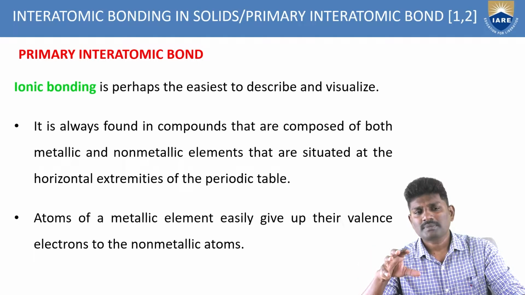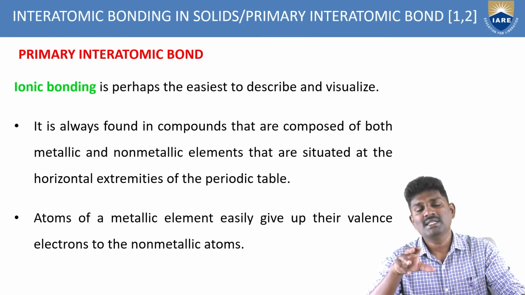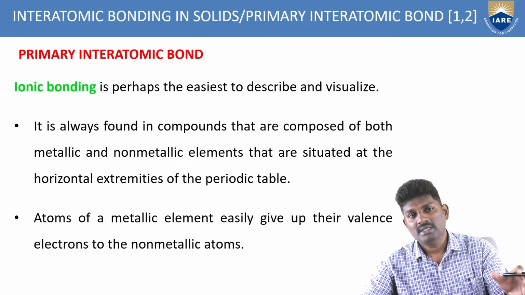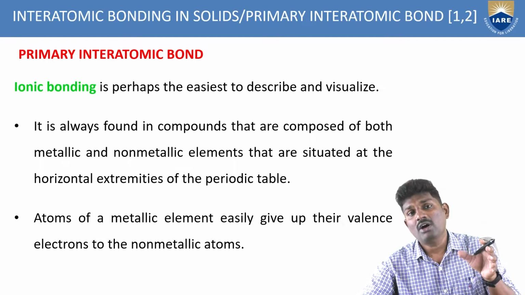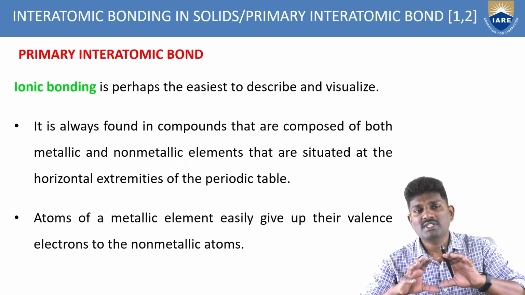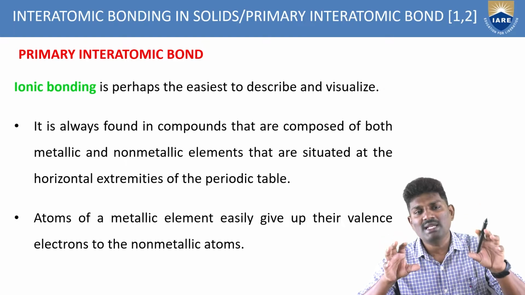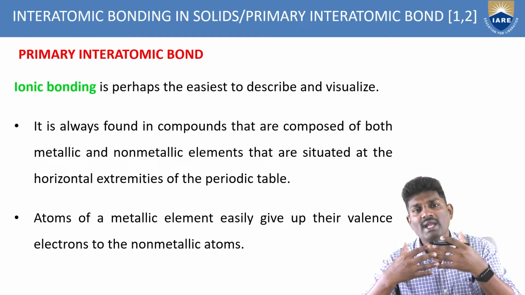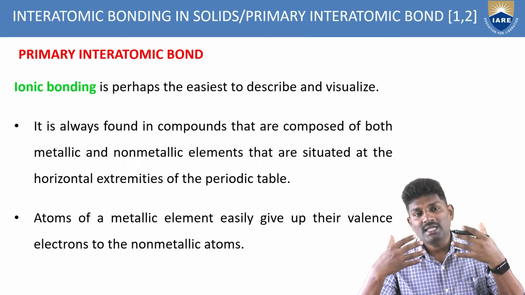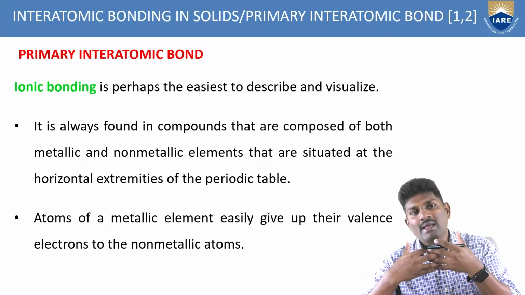Whatever electrons are there at the outer shell of the metals will easily share to the outer shell of the non-metallic elements. Because of this sharing of the electrons between the metallic and non-metallic, we'll get a strong attractive force between them, so that there is a good bonding between the materials.